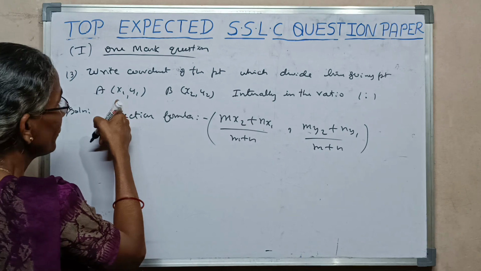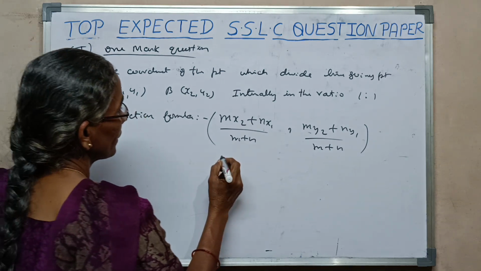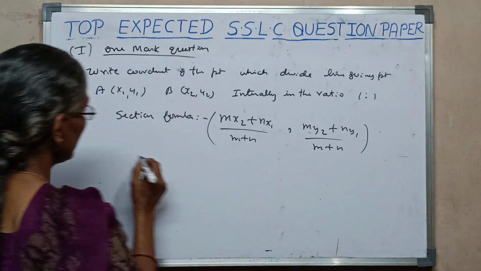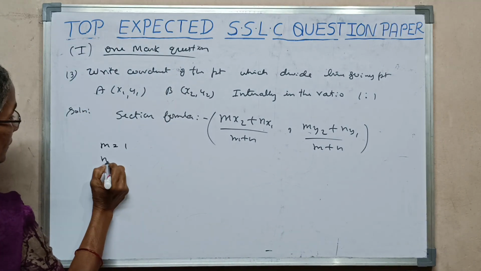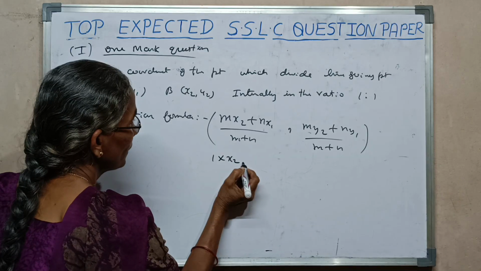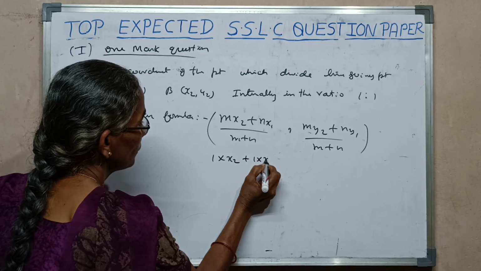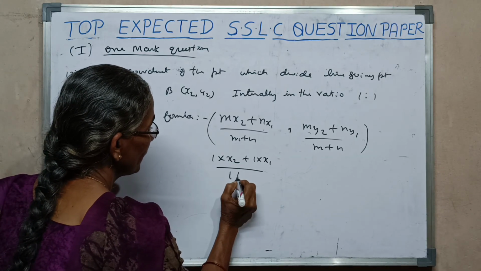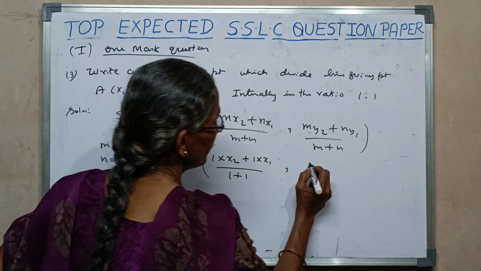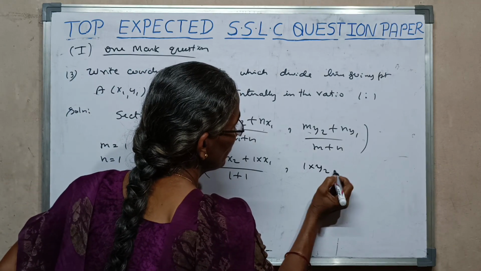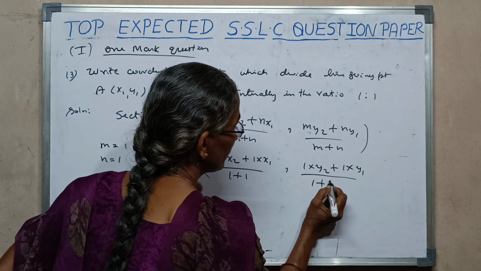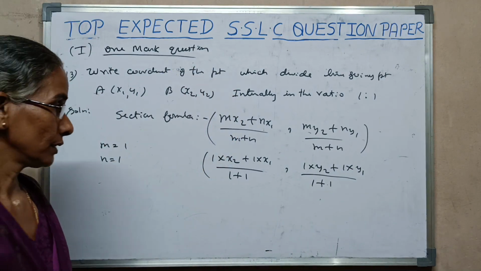So here x1 value, y1 value, and m, n are the ratio internally. So m is 1, n is 1. So 1 into x2 plus 1 into x1 divided by 1 plus 1, comma, 1 into y2 plus 1 into y1 divided by 1 plus 1.